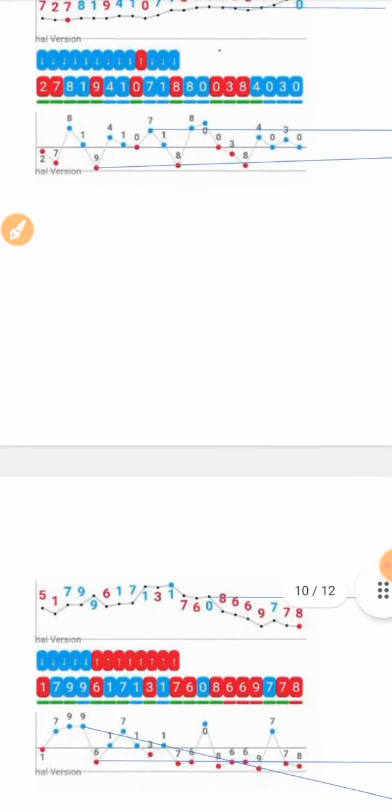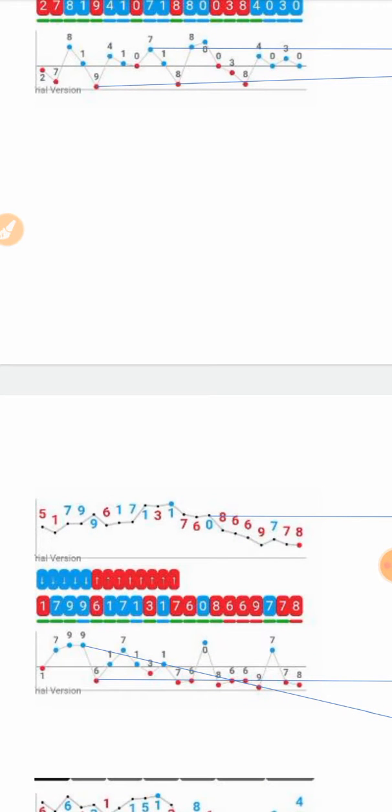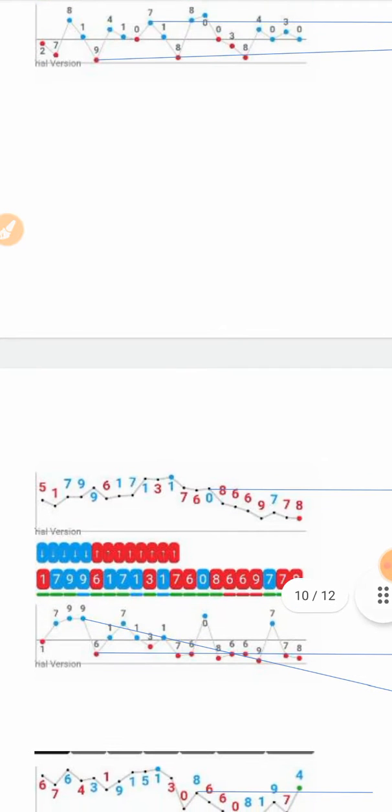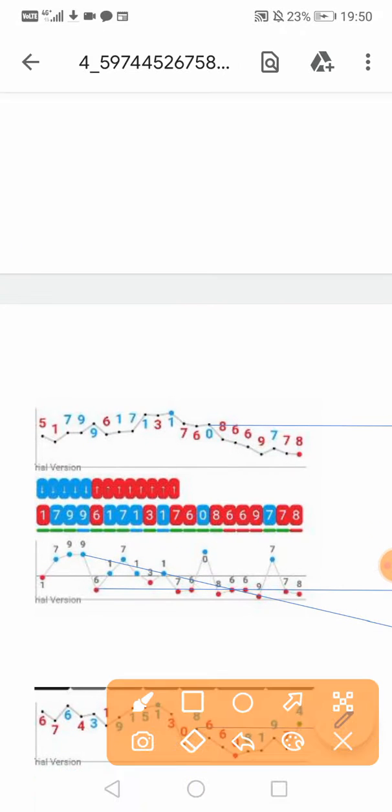I hope you made it to this part. Okay. Here's another one. You have a 9 and a 6, and after 6 you have 1. This is a long analysis. Look at it. It's a long analysis.